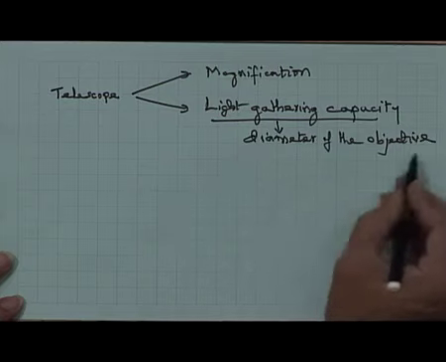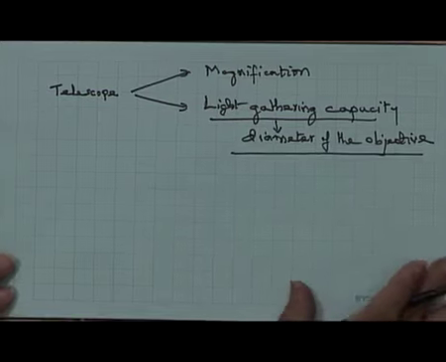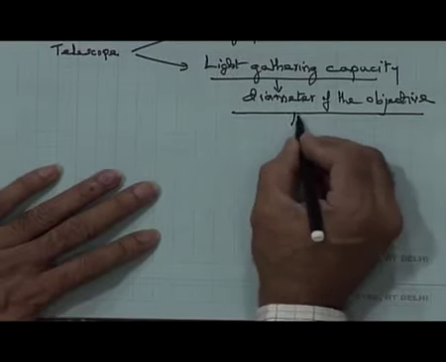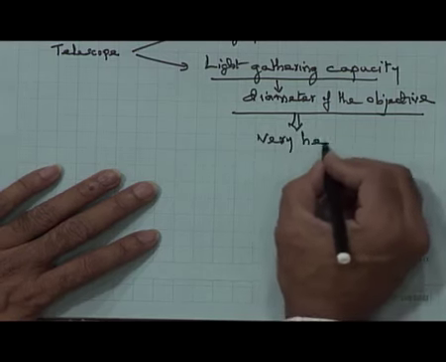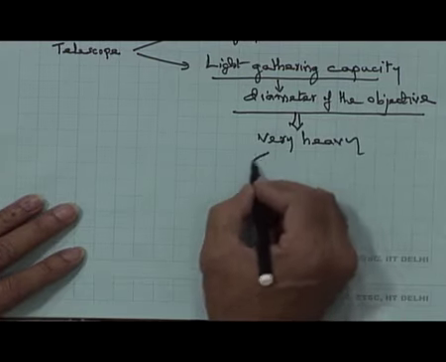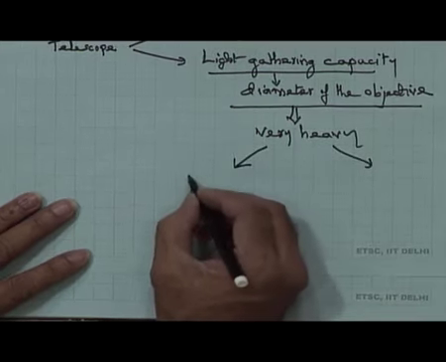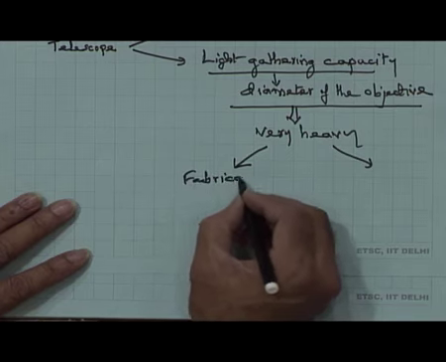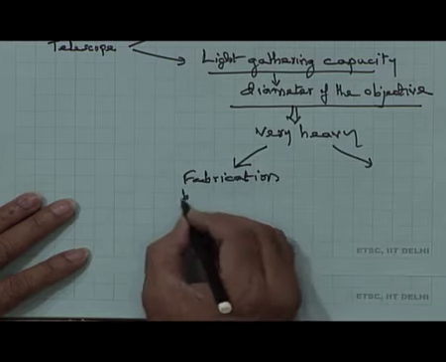Now, larger diameter of the objective makes it very heavy because the lens is made of glass, and therefore, this becomes very heavy, and fabrication of such lens becomes difficult. I am just highlighting the practical aspects, fabrication becomes difficult.